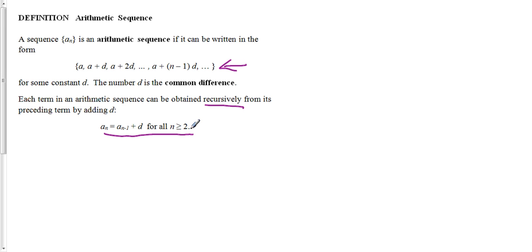Now, there is a general formula that we can use for figuring out any element in an arithmetic sequence if we know what a_1 is, the first term, and we know what d, the common difference, is. That formula is a_n is equal to a_1 + (n - 1) times d.